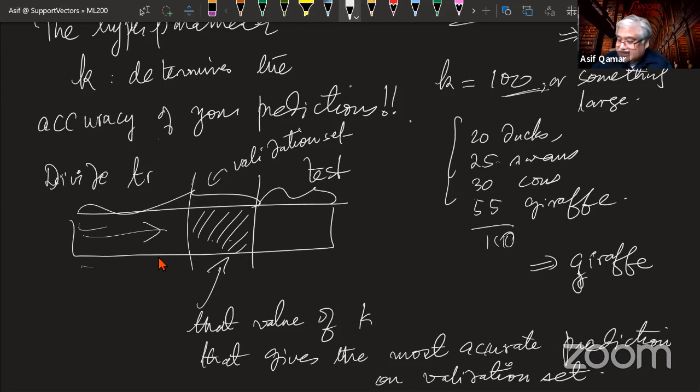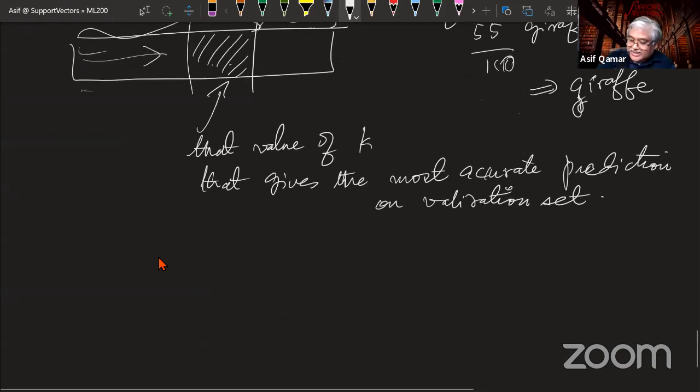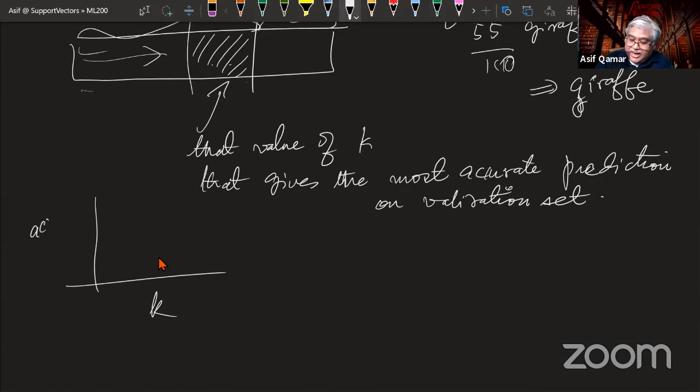You keep on increasing the value of K from 1 to 2 to 3 to 4. And so what will happen is, you will get a curve. Your accuracy for values of K will go something like this.